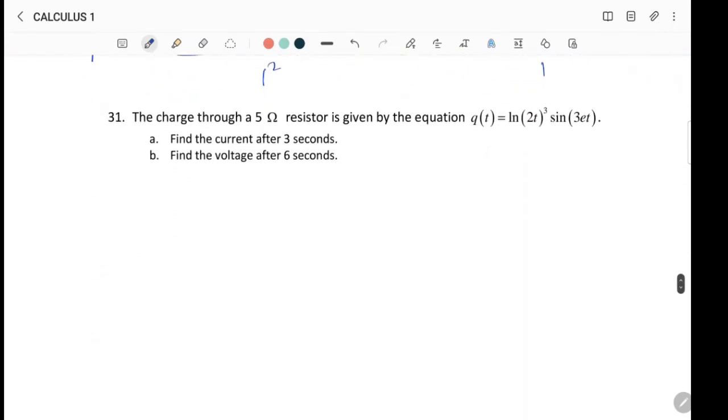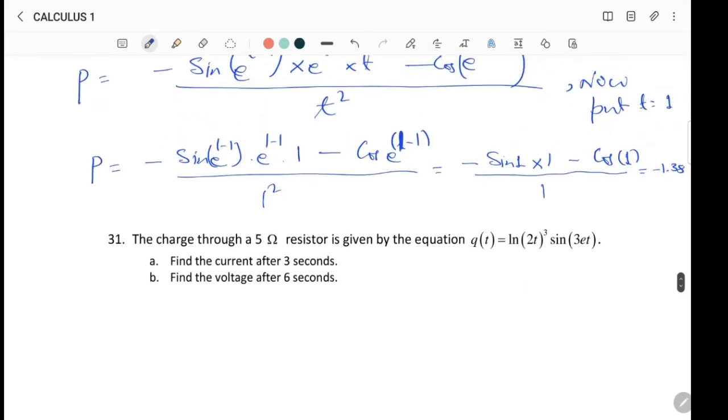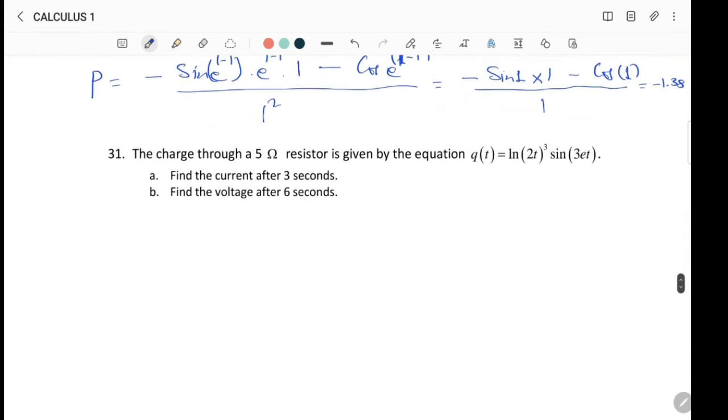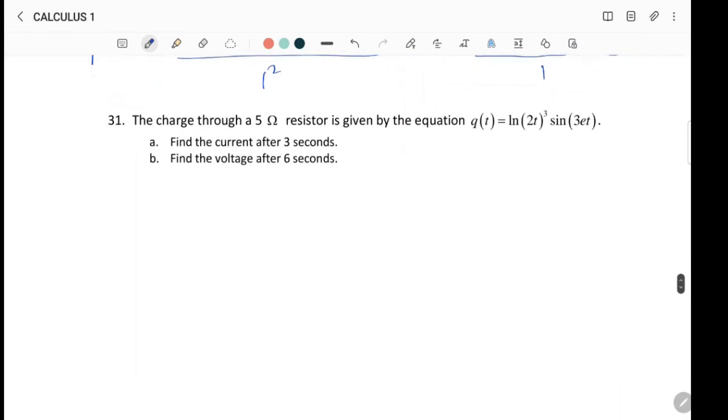Now question number 31. This question says the charge through a 5 ohm resistor is given by the equation. Find the current. So we know that I is dq over dt, and voltage we know that V equals IR. By the way, we are doing A part.